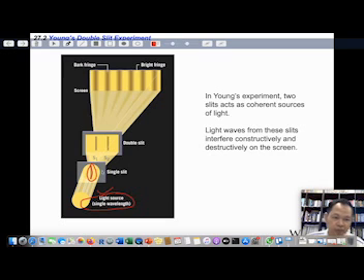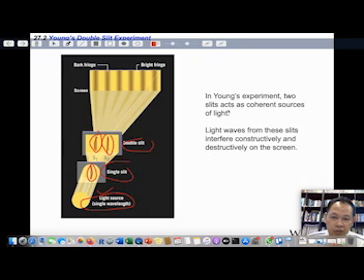After the one slit we go to a double slit. This is the single slit, and this is the double slit. The double slit is very interesting here, slits 1 and 2. You can find on the screen a pattern like this one.